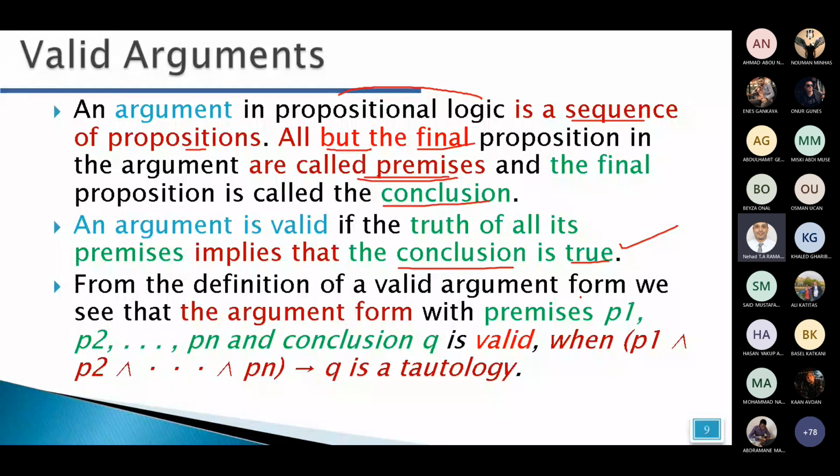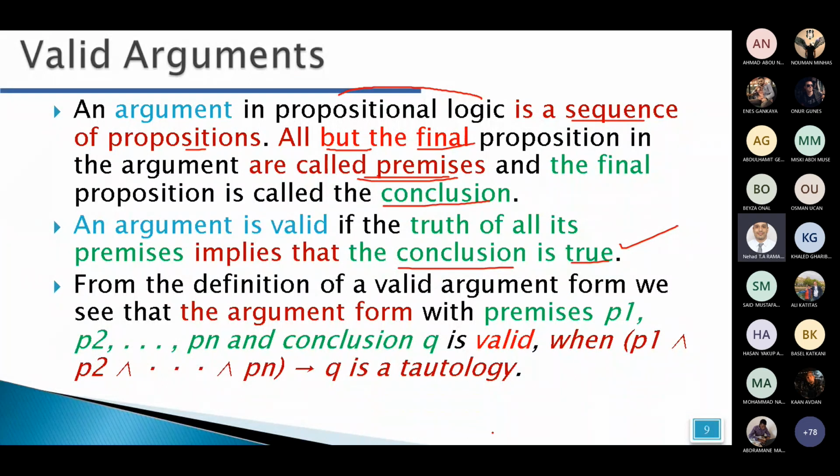Then it's a valid argument. So to prove any argument is valid, you consider the premises true and get the conclusion. If you get the conclusion from these premises, then the argument is valid.